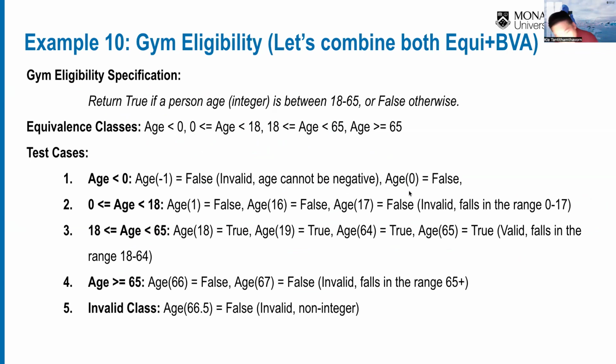Many of you have seen the gym eligibility from last week, and someone asked me why don't we apply equivalence partitioning or boundary value analysis together.